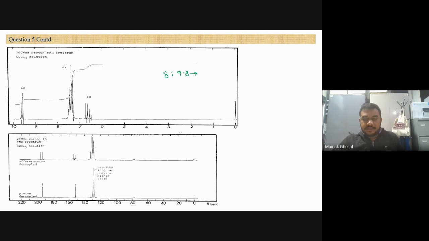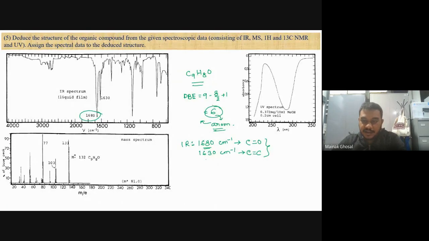So which kind of carbonyl could be present at 9.8? Aldehyde, exactly. So this is an aldehyde functionality present in the molecule. First, you have got which kind of carbonyl is here, and also that a carbon double bond carbon is present in the molecule.